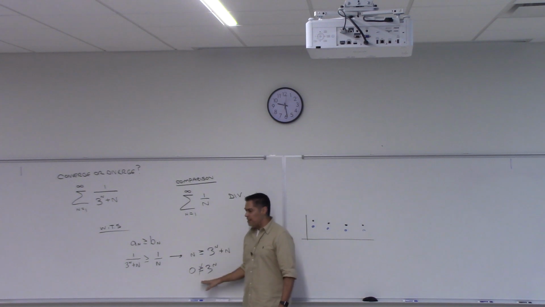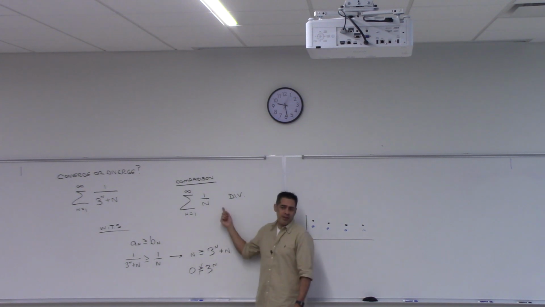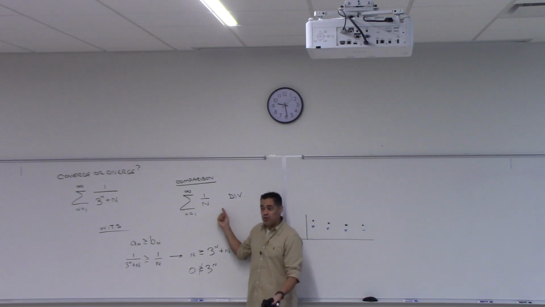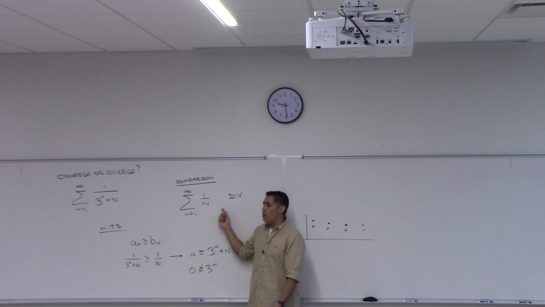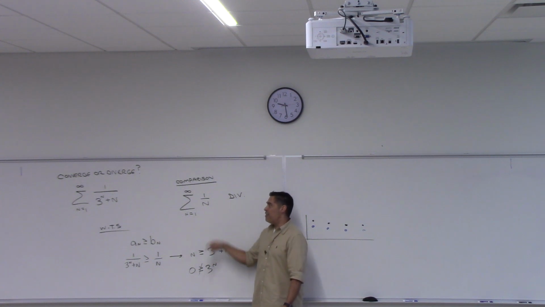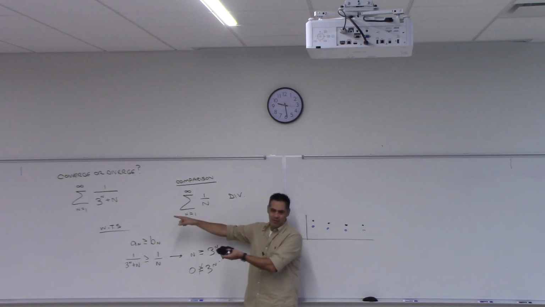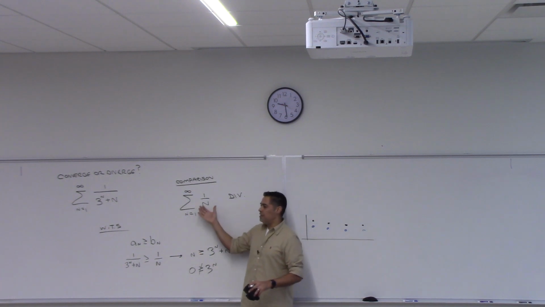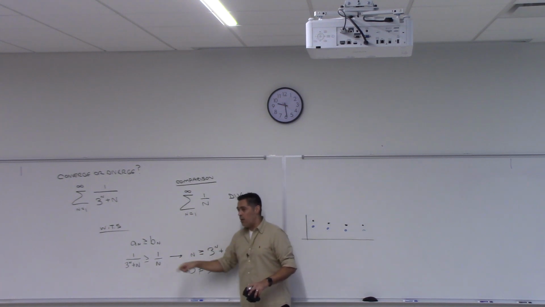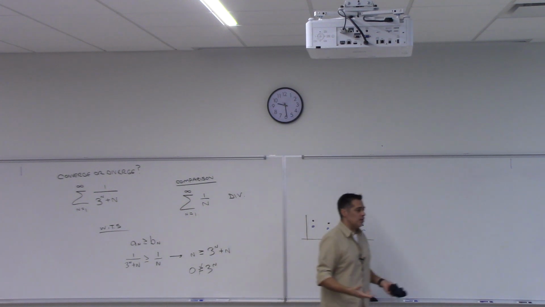When your inequality doesn't work out, it just means your comparison wasn't good enough to show what you needed to show. What you can't do is say, since this isn't true, it must converge. No, you cannot do that. You have to find a series to compare it to where the inequality holds, and then you can draw a conclusion.